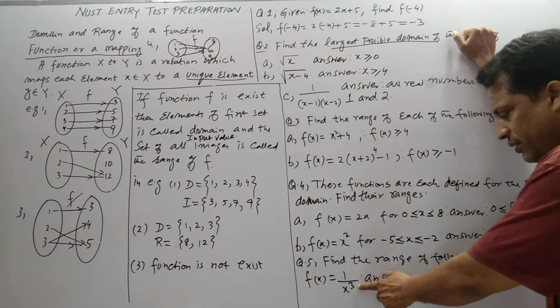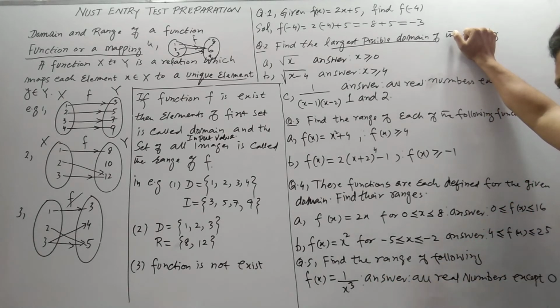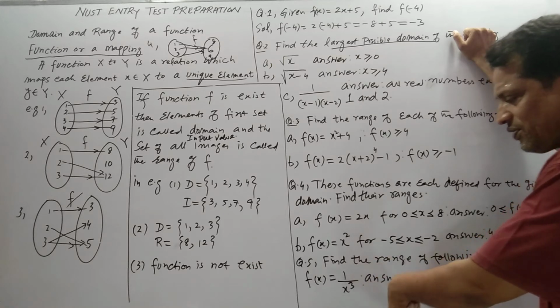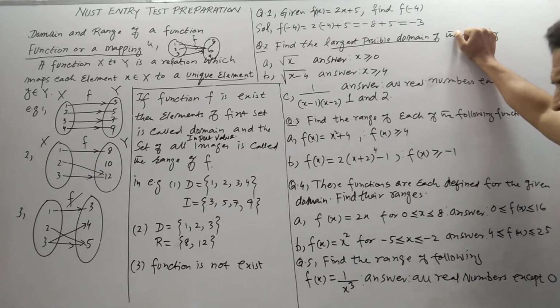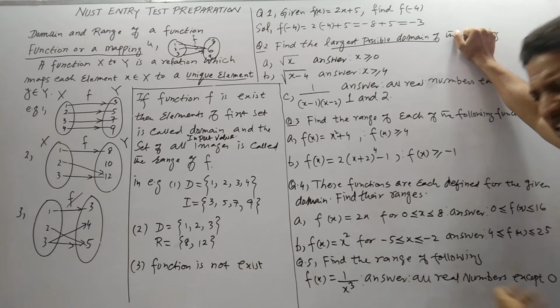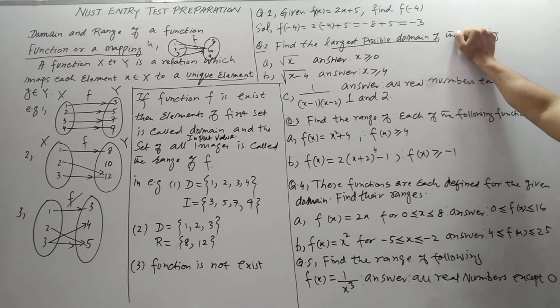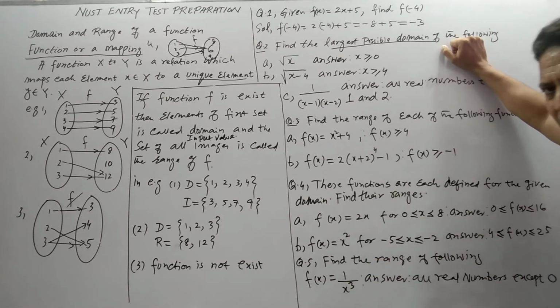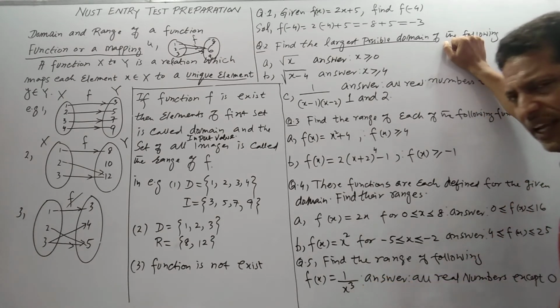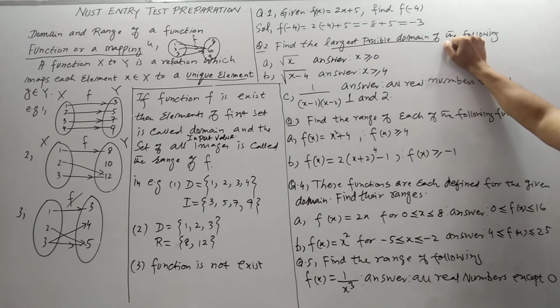So if I put 1 over here, 1 cube is 1, 1 upon 1 is 1, yes, acceptable. If I put -1 over here, again I will get some answer. If I put 3 over here, again I will get some answer. If I put 4 over here, again I will get some answer. If I put 0 over here, what should I get? 0 cube is 0, and 1 upon 0 is undefined. It is not possible.